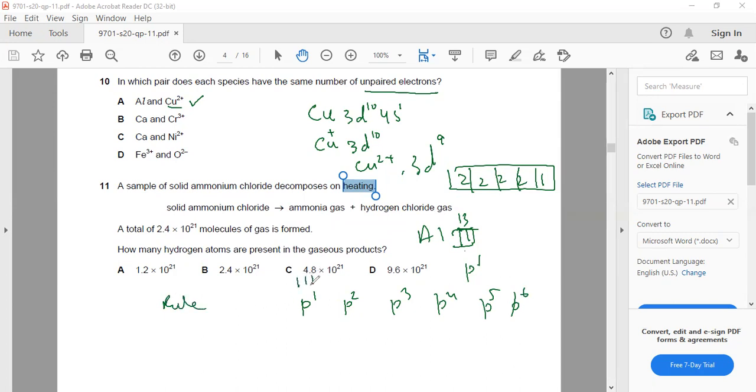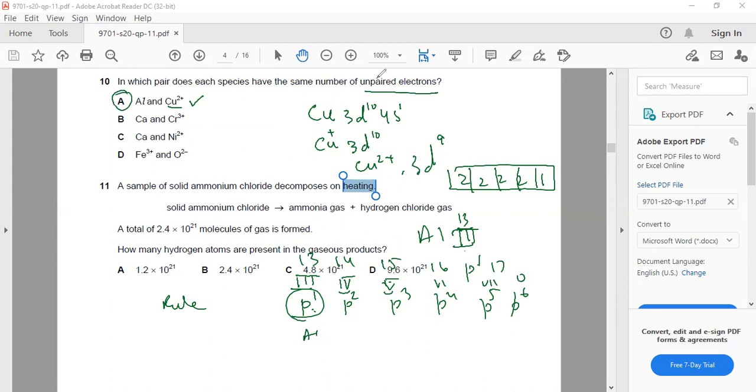We teach you according to the old group: group 3, group 4, group 5, group 6, group 7, group 0. New groups are 13, 14, 15, 16, 17. So aluminum is here, p1. p1 means unpaired, so it saves your time. So 10 is the answer.